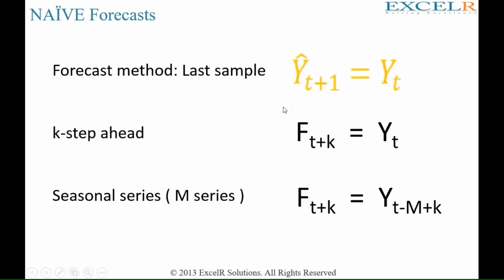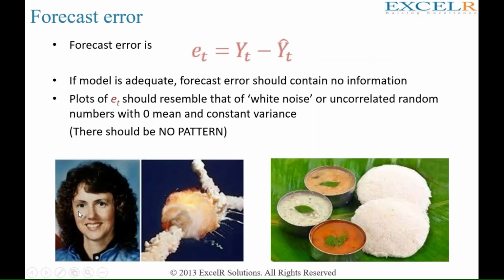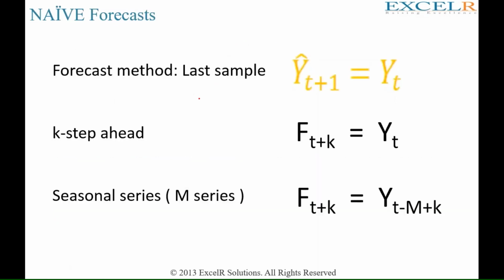Now let us discuss the naive forecast, which is nothing but the last sample basically. If someone comes to me and asks what will be the sales for September 2016, I simply am going to check with the person on what the sales were for August 2016. If the person says sales for August 2016 was $10,000, I would say, okay, for September 2016 also sales will be $10,000.